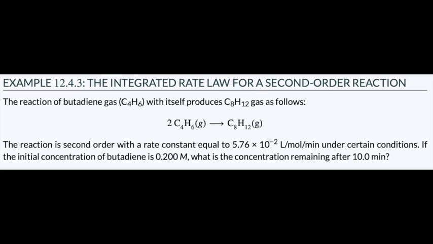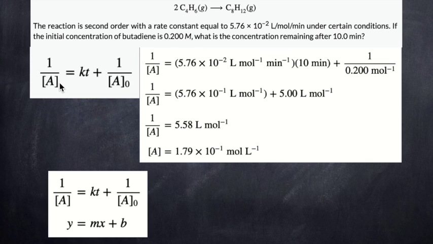So for the second, we'll just approach this the same way. We find the equation appropriate for this, which is the second order equation, which is this, and we just plug in values and isolate the variable that we want to look for. So in here, it is given that the k, or the rate constant, is 5.76 times 10 raised to the negative 2.